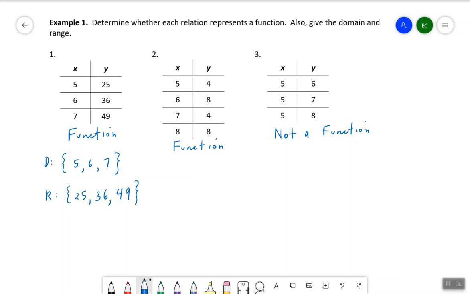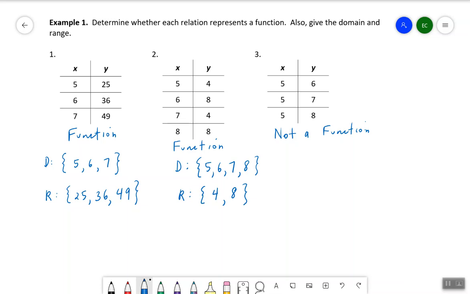Okay, so the rest of this should be pretty straightforward. In number 2, the domain is 5, 6, 7, and 8. Again, this is set notation, not interval notation. We just want to write for the range 4 and 8. We don't want to write it more than once just because it appears more than once.